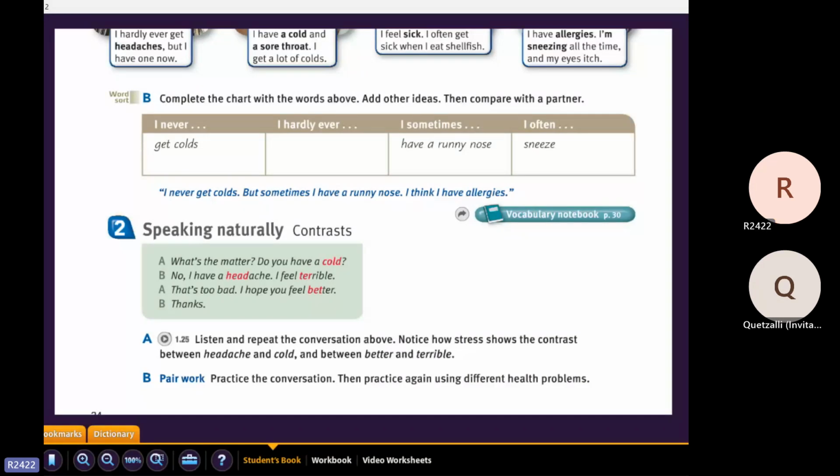I sometimes get a cold, and I often have a headache. Right? So try to write 3 ideas for each chart. Okay?